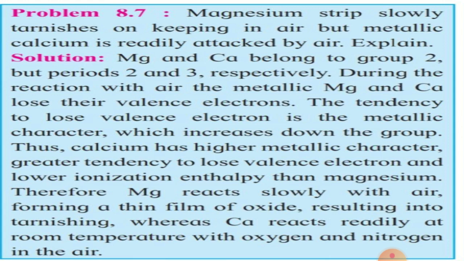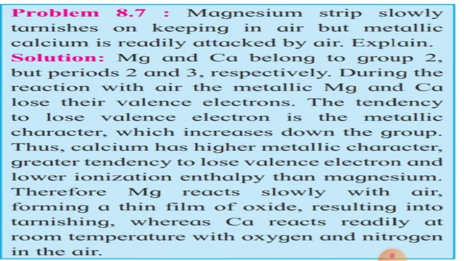The tendency to lose valence electrons is metallic character, which increases down the group. Hence, calcium will have higher metallic character than magnesium. So, calcium has a higher tendency to lose valence electrons, and hence it will have lower ionization enthalpy than magnesium.